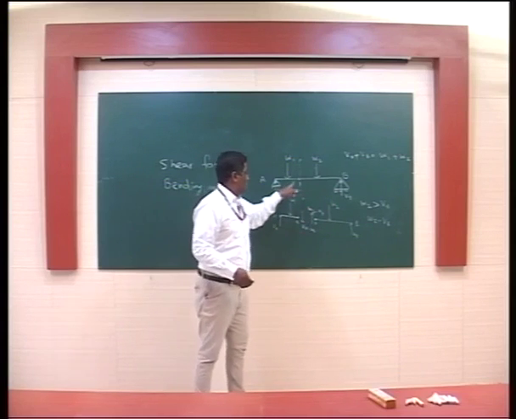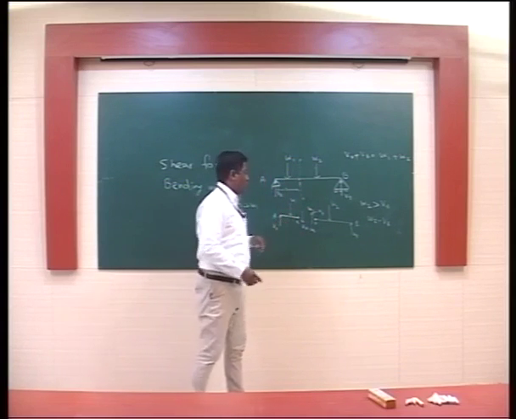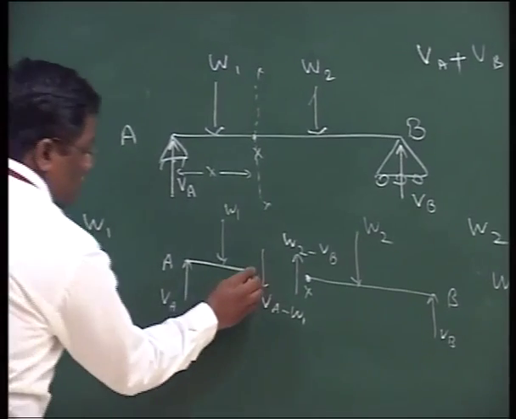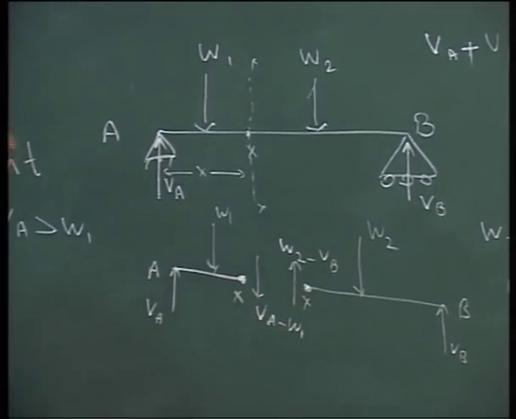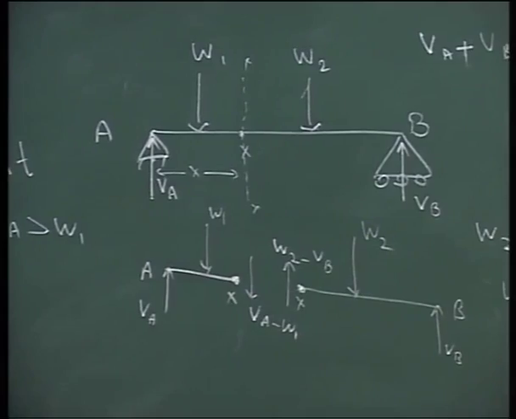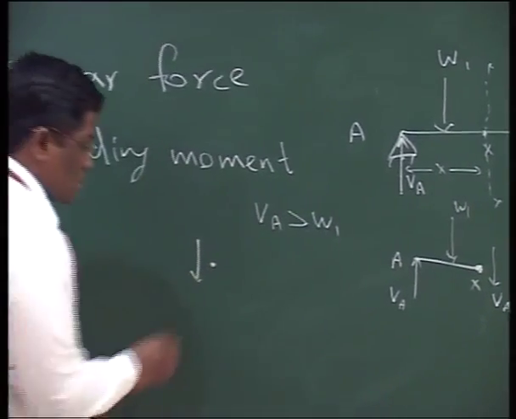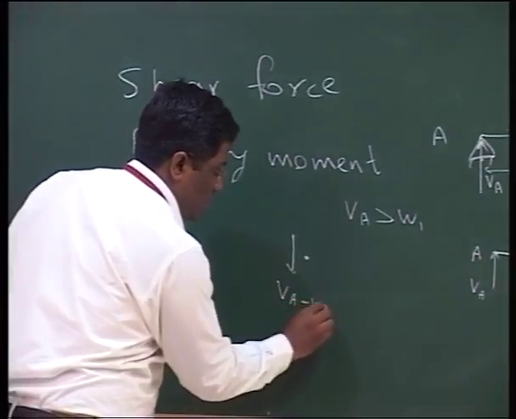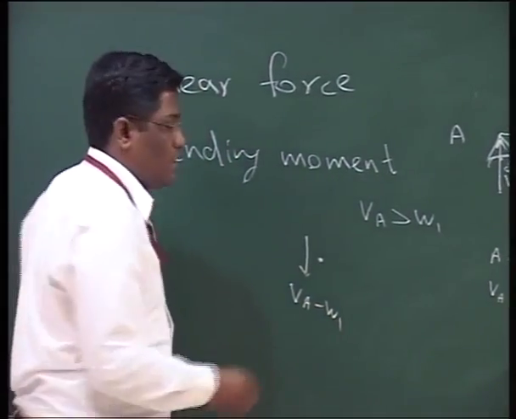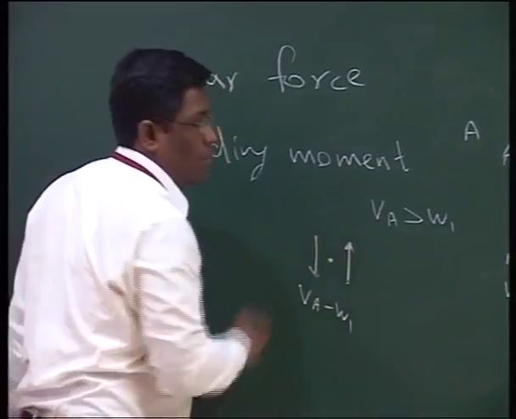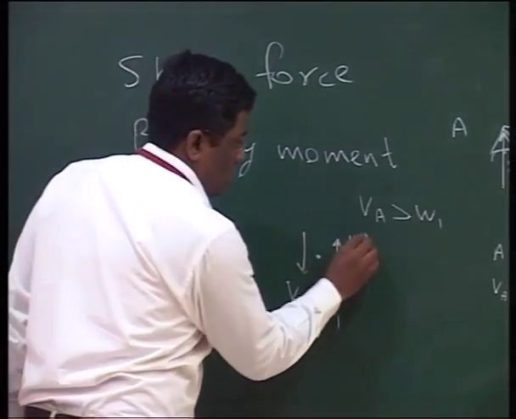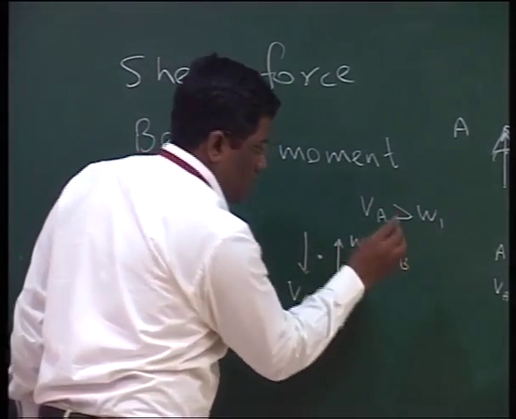So now the point is that at this particular point x, there are two forces which are continuously acting. The first one is the force downward, which is VA minus W1, and the second one is the force upward, which is W2 minus VB.